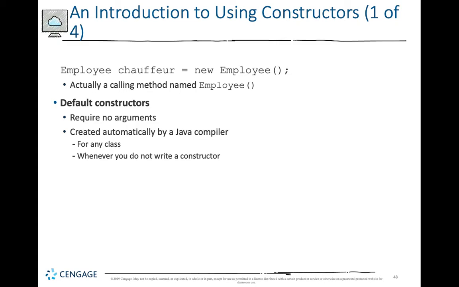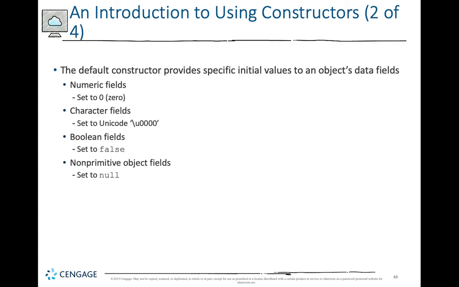And so we say new employee, and it generates that object. And we've talked about default constructors quite a bit. Any questions about default constructors though? All right, we'll go on here.